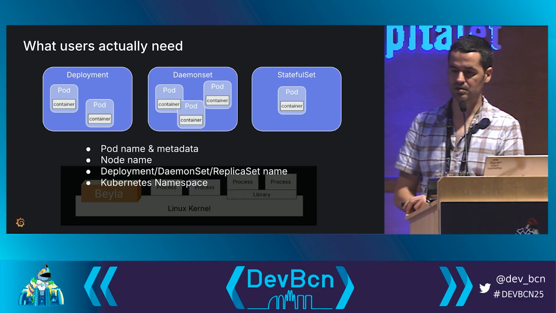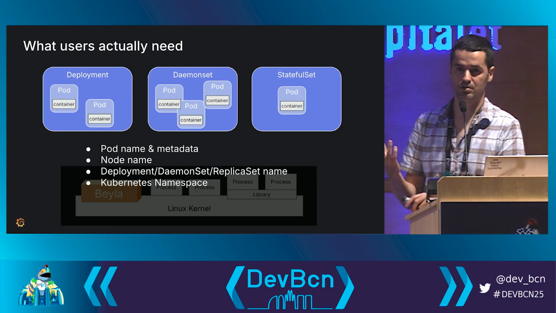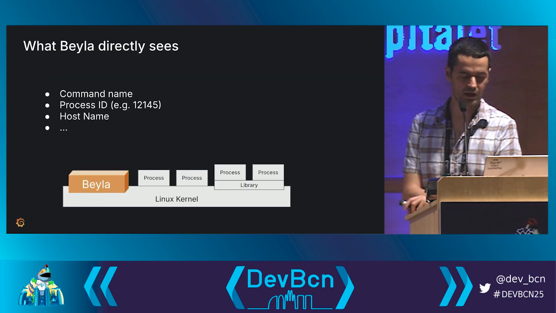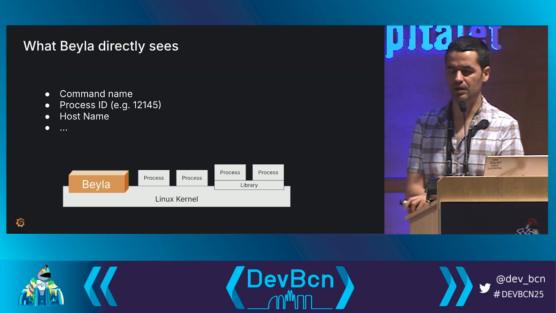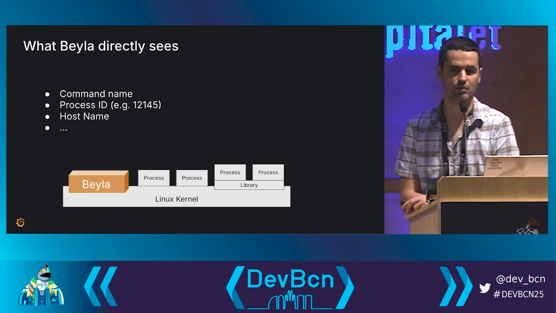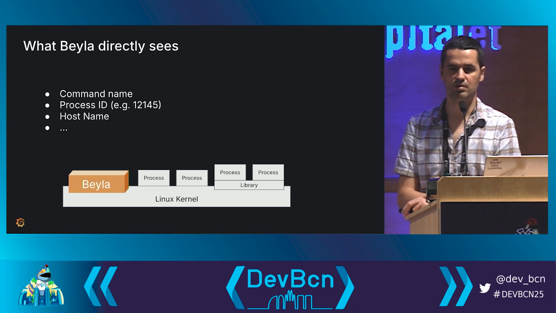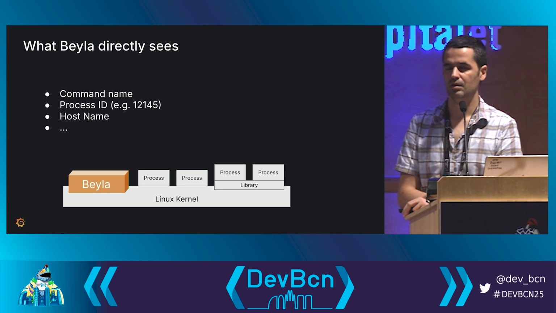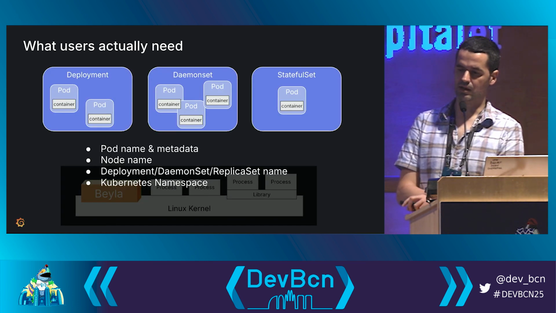our users actually need something richer. Kubernetes users need more information. They don't really care about the PID or the command name. They might have 100 different Java services, and the command name will be reported as Java for all of them, so that information won't let them discriminate data by service.